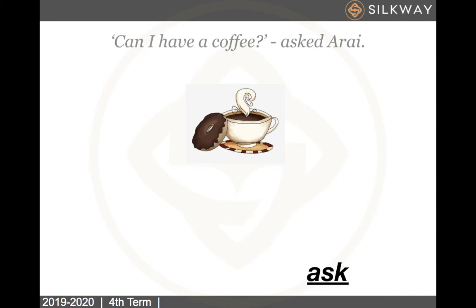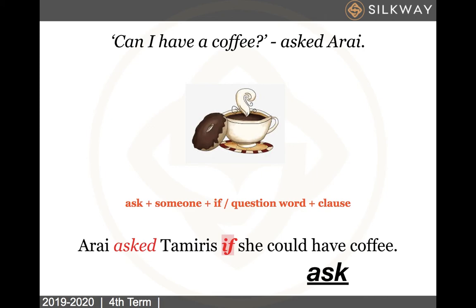With ask, we use it for reported questions. "Can I have a coffee?" asked Aray. So how do we form a reported question? We say Aray asked, then if or the question word, and the clause. Aray asked Tamiris if she could have coffee.